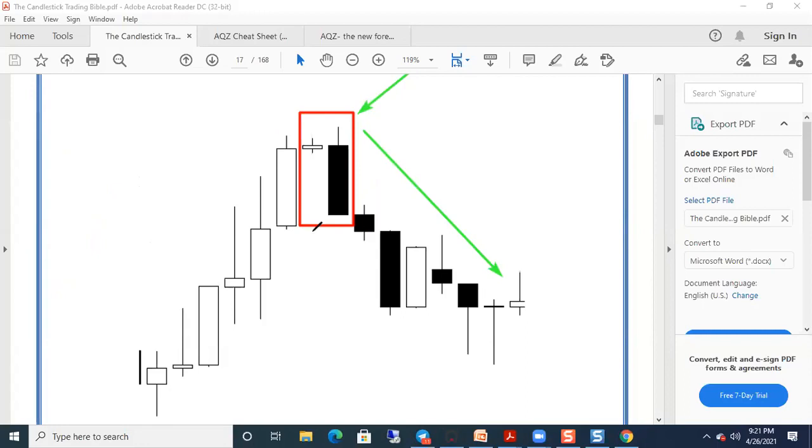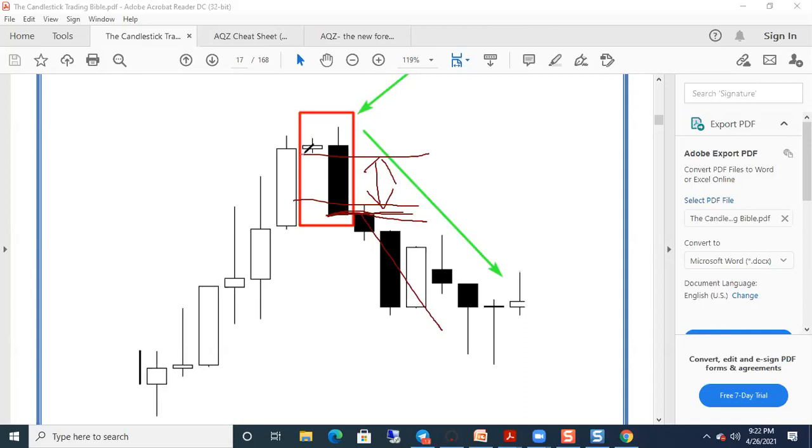However, there are several ways you could trade it. The first way you could trade a bearish engulfing candlestick pattern is to enter immediately this candle closes. Note the word closes. You have to wait for the candle to close. So once this candle closes, you could take your sell instantly, or a more conservative way is to wait for price to pull back to cover what I'll call the bridge, right?